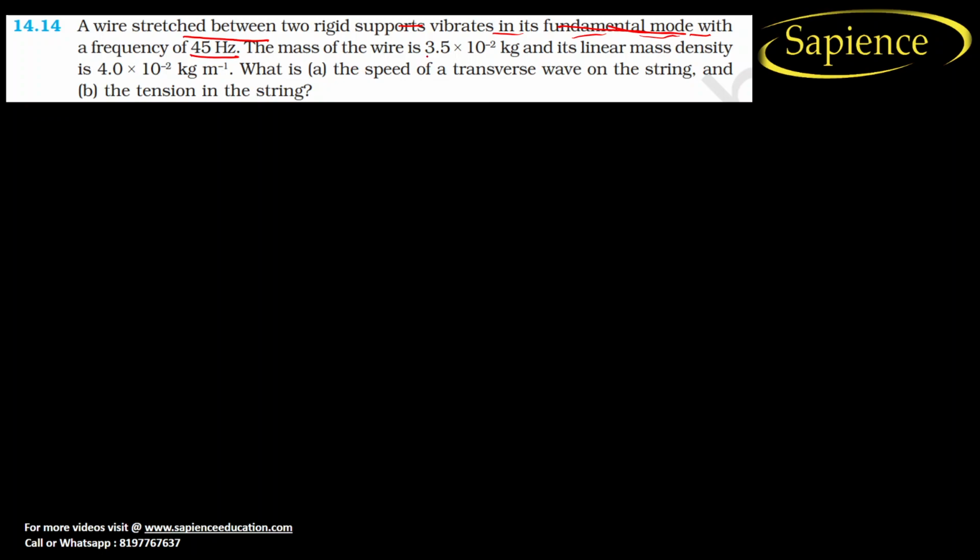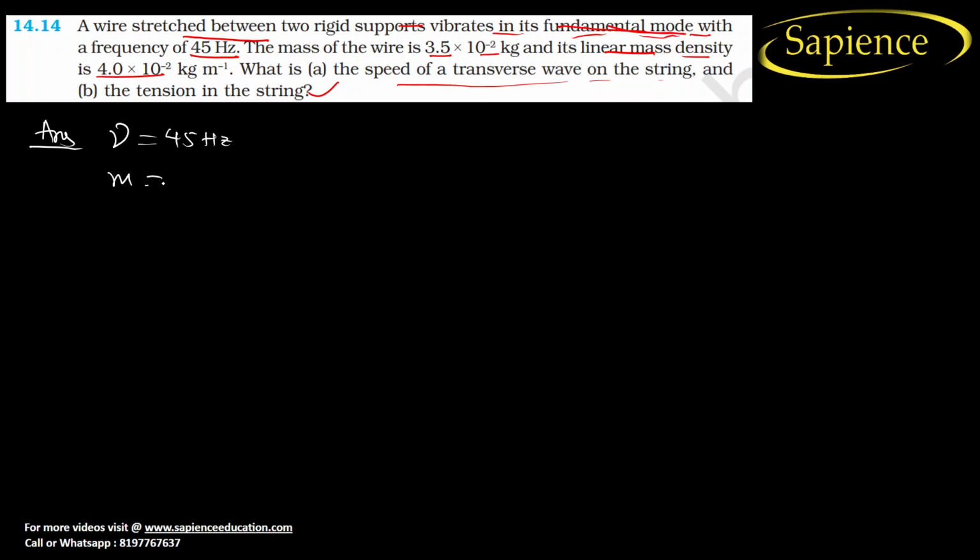The mass of the wire is 3.5 into 10 power minus 2 kg and its linear mass density is given like this. What is the speed of the transverse wave on the string and the tension in the string? First of all, we must note down what they have given, right? They have given frequency equal to 45 hertz.